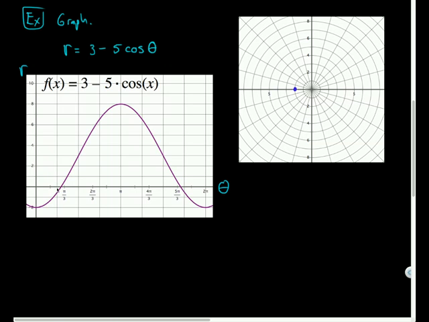I guess it would have been valuable to have a decimal approximation, so we'll just roughly estimate these. So at pi over 4, which is right here, or 45 degrees, it appears as though I'm at roughly negative a half, we'll call it. So negative a half for 45 degrees will be, in fact, right here, roughly.